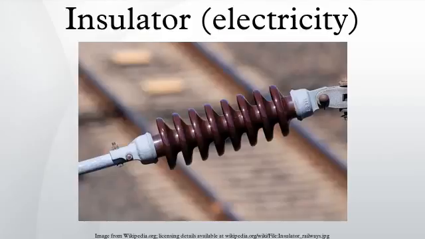Dirt, pollution, salt, and particularly water on the surface of a high-voltage insulator can create a conductive path across it, causing leakage currents and flashovers. The flashover voltage can be reduced by more than 50% when the insulator is wet. High-voltage insulators for outdoor use are shaped to maximize the length of the leakage path along the surface from one end to the other, called the creepage length, to minimize these leakage currents.